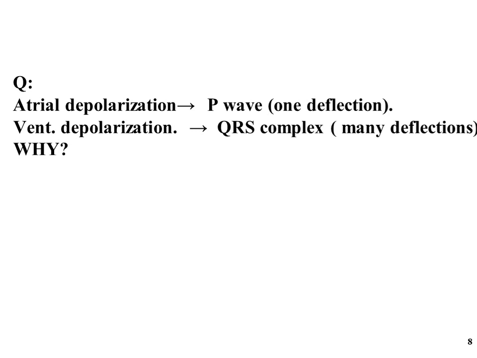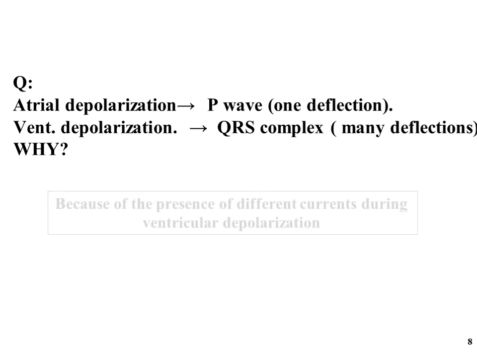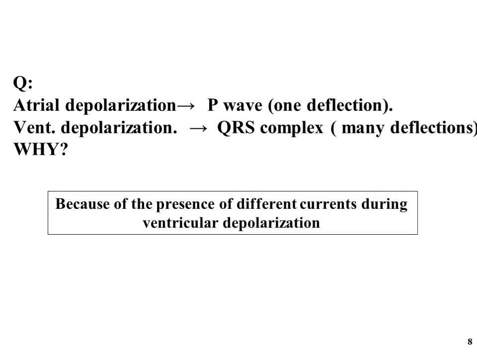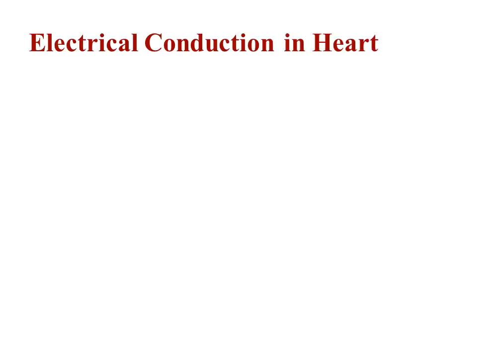This is because of the different currents that occur in the ventricle. In the atria, one current. In the ventricle, there are multiple currents during ventricular depolarization.